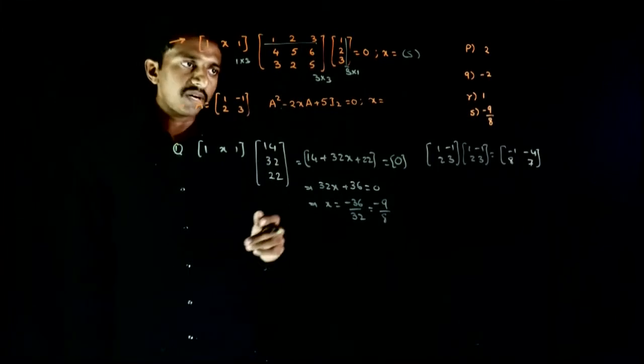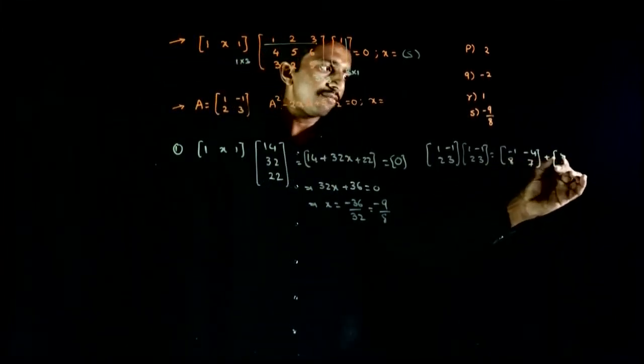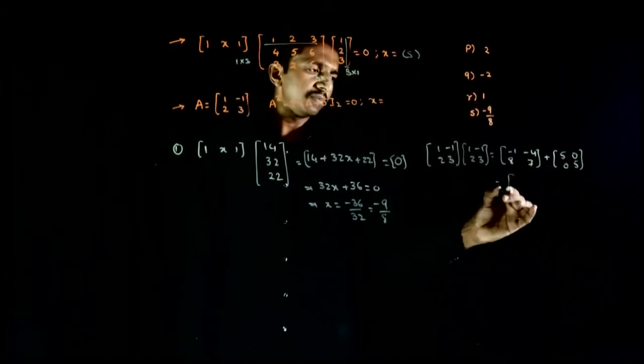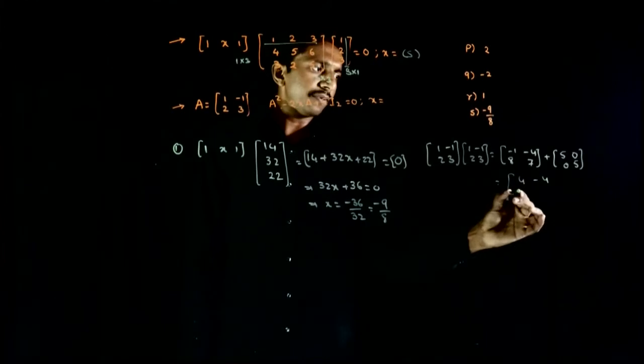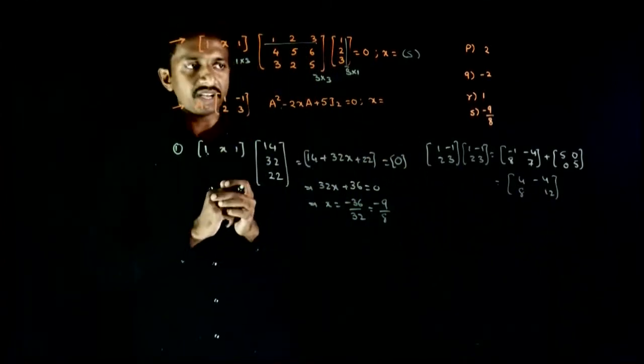So you have A square. Plus 5I2: adding 5 0 0 5, that is equal to 4 minus 4, 8 and 12. So this is my A square plus 5I2.